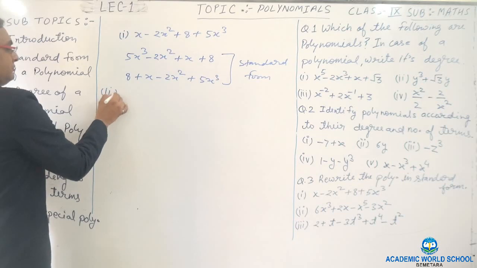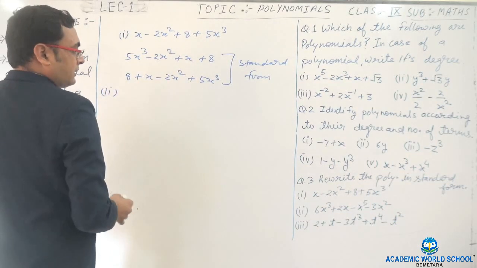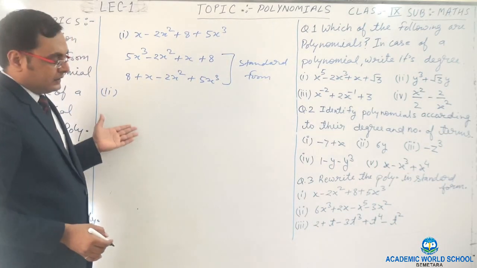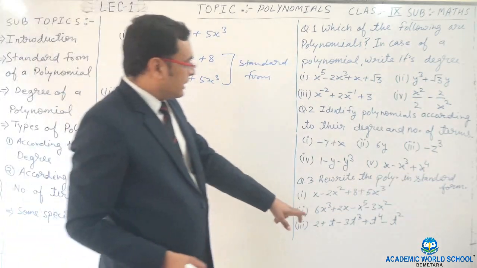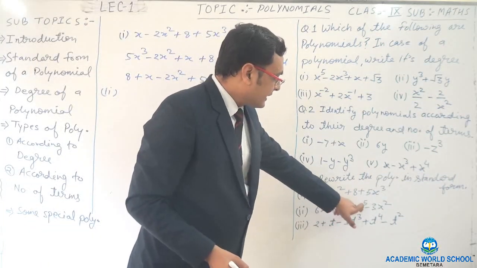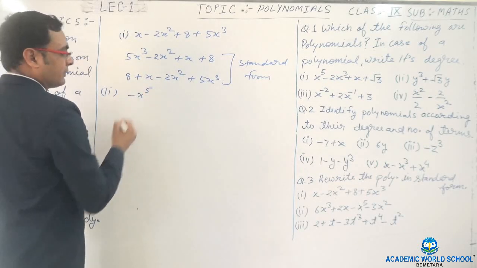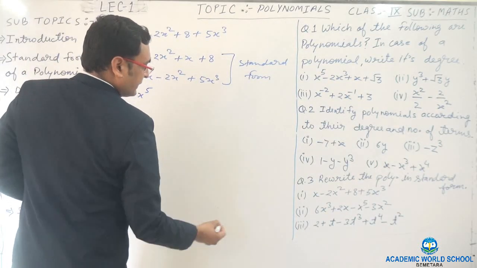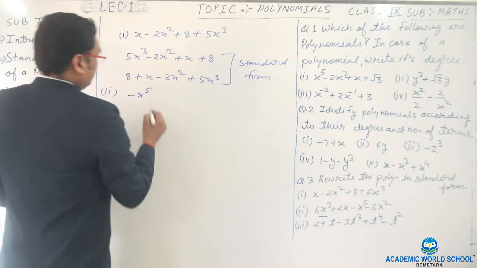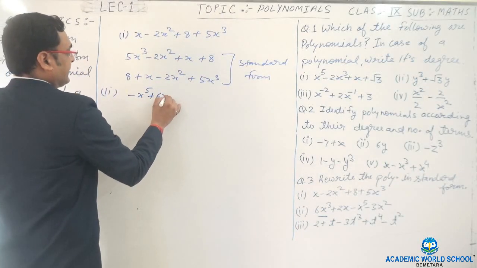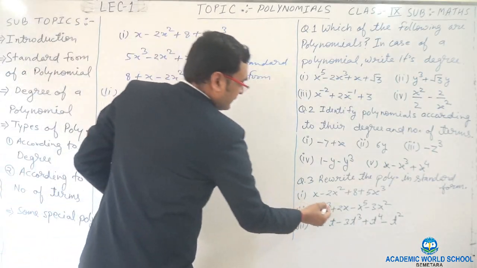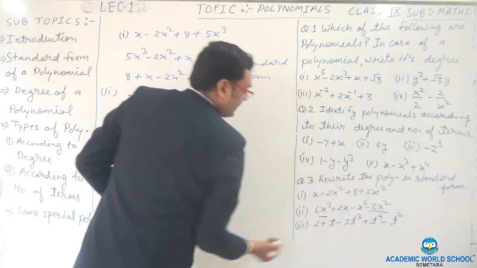Second, we can directly write here in standard form only. So highest power is minus x to the power 5. That we will write here at the first, minus x to the power 5. Next is 6x cube. That we will write here, 6x cube. Then minus 3x square.